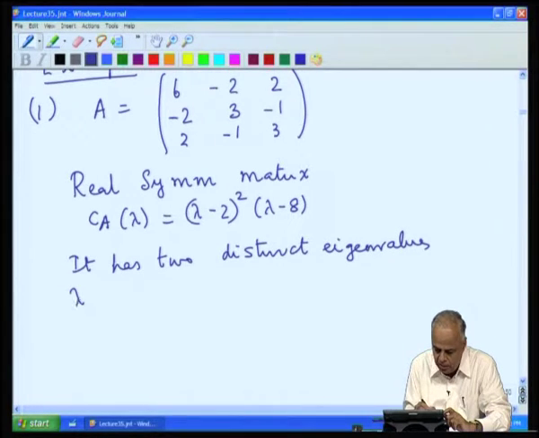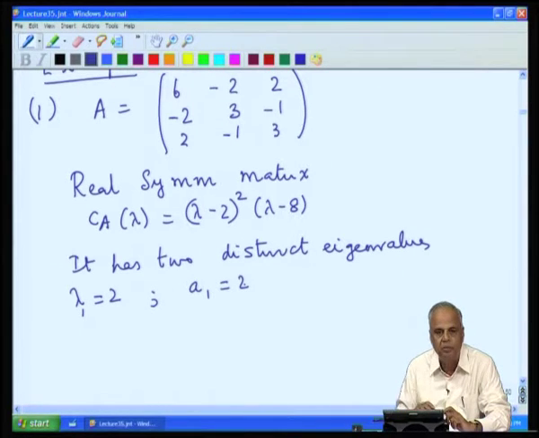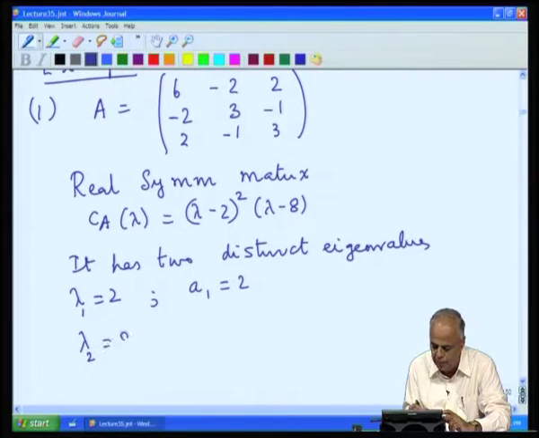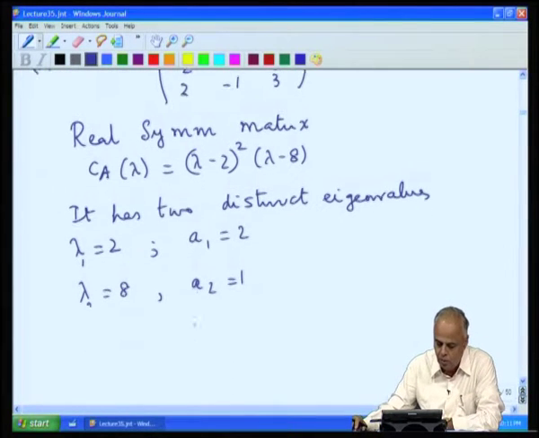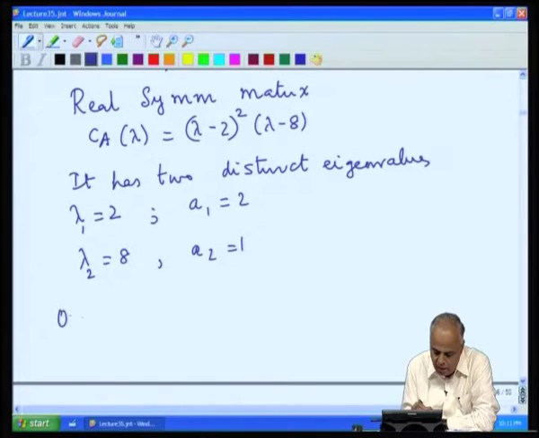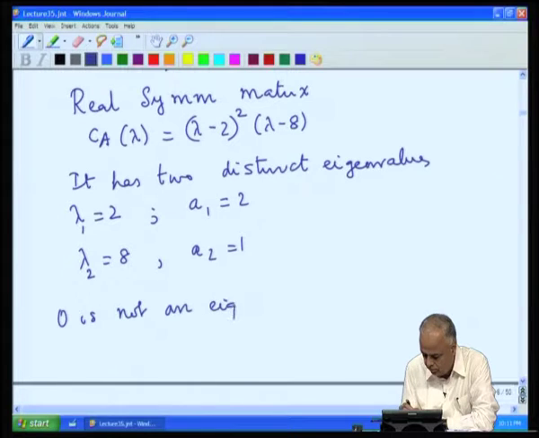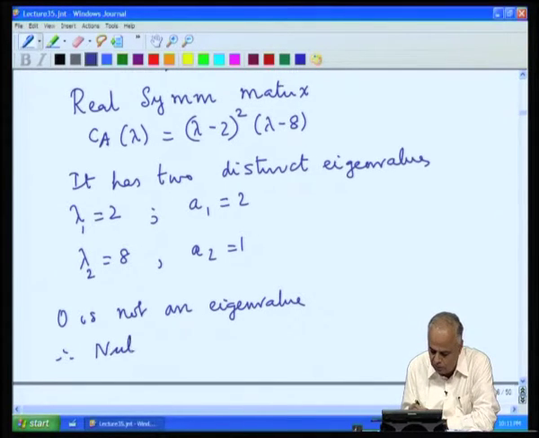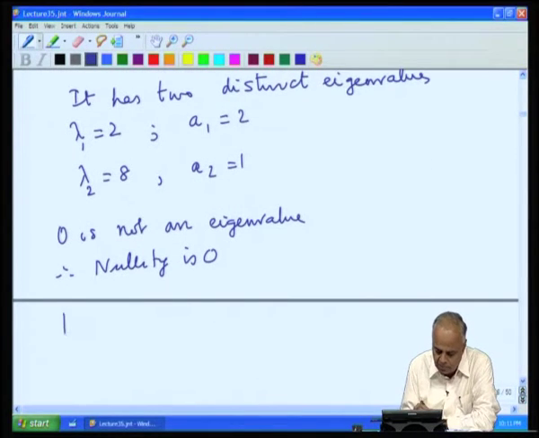One of them is 2 and its multiplicity is 2 because we have lambda minus 2 squared. The second eigenvalue is 8 and its multiplicity is 1. So, we see therefore, that 0 is not an eigenvalue. Therefore, nullity is 0 and hence rank is 3.